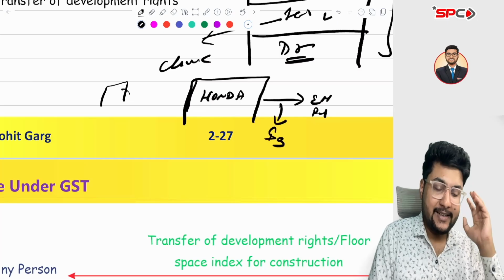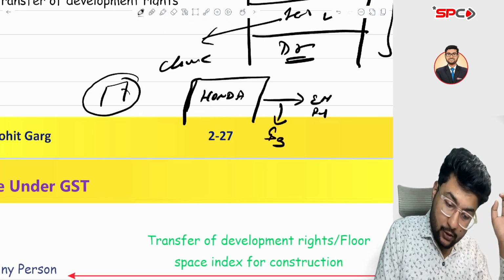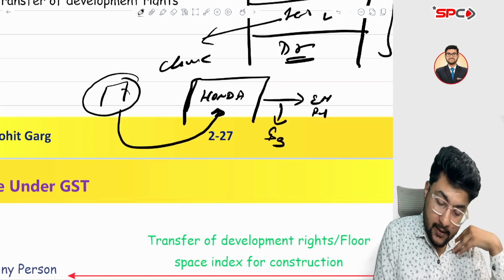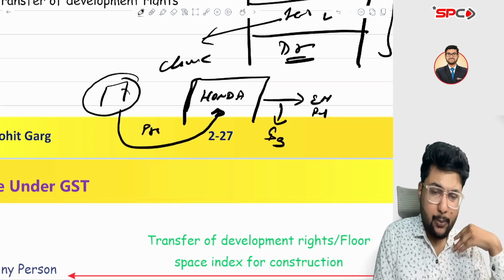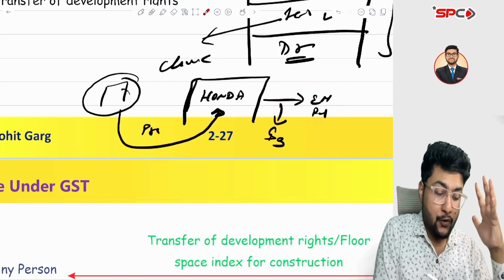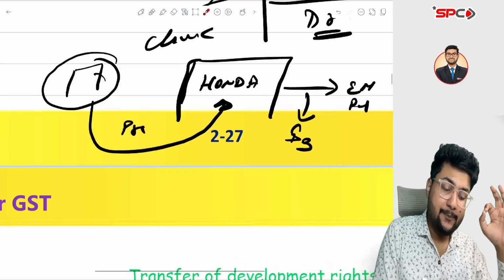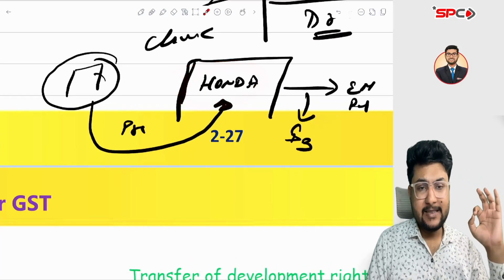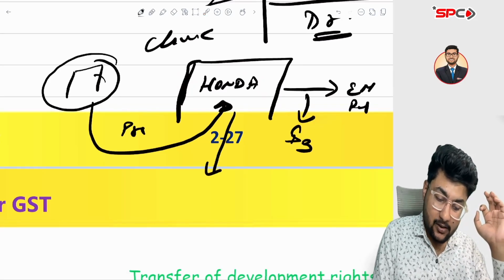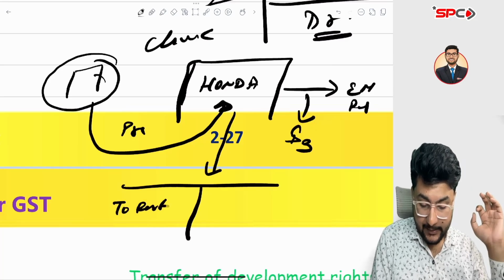But for that guest house, they are taking it on rent from a landlord. So any landlord who is supplying any property to Honda, even if the property is residential and the use is also residential for employees, the expense is of business nature, because whenever Honda company makes a profit and loss account, they will debit this rent expense, right?